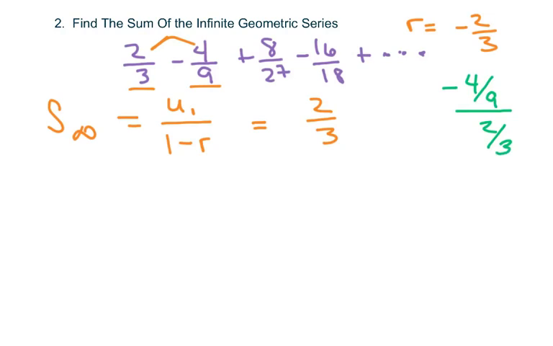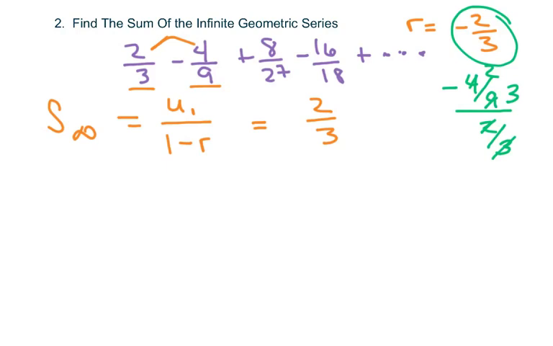And when you do that, 3 goes into this 3 times, 2 goes into this 2 times, so there's your negative 2/3.